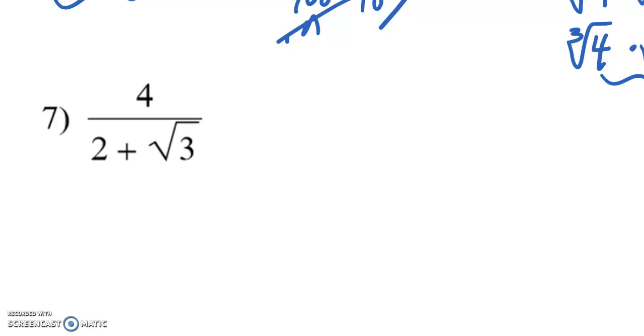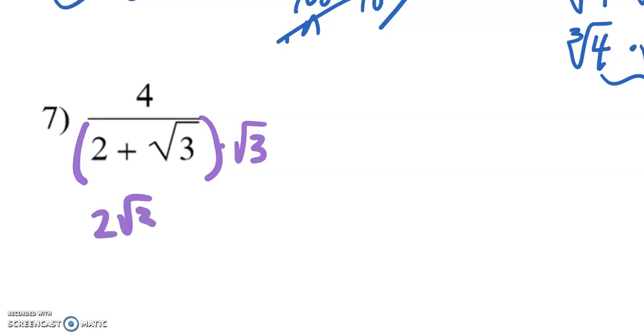In order to get rid of this, I can't simply multiply this by root 3 because it's a group, which would give me 2 root 3 plus 3 times 3, which is 9. That would become 3. But what would I do with this?